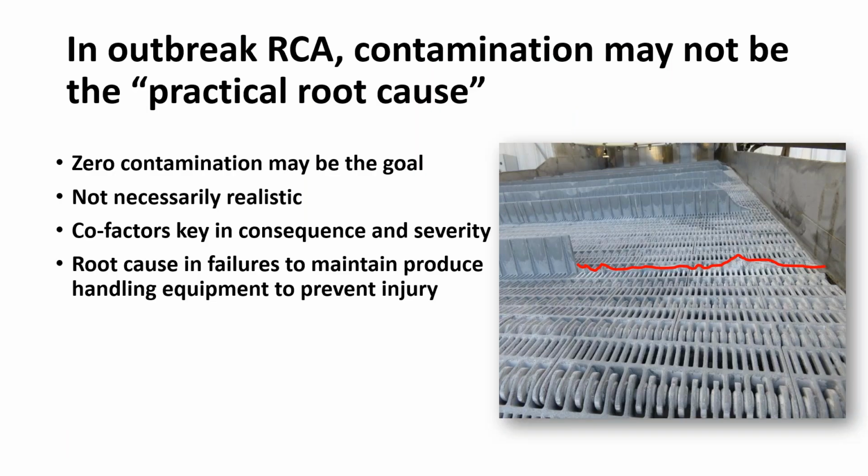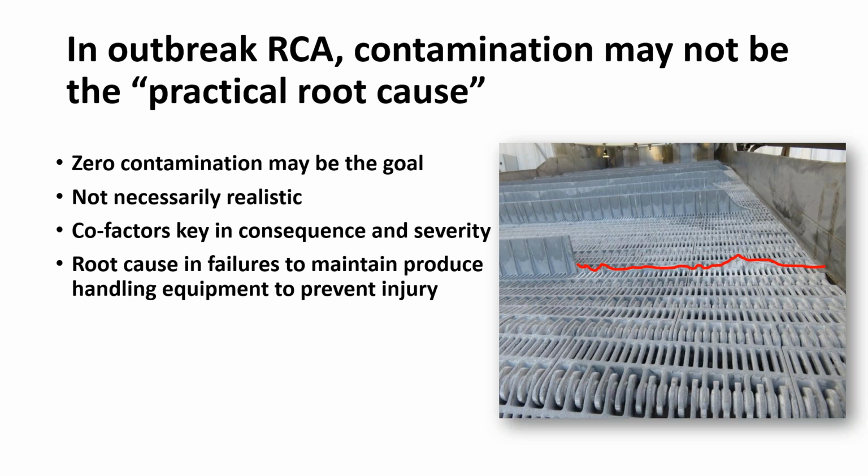And then here's another one. I wanted to make a point that, in outbreak root cause analysis for produce, contamination may not really be the practical root cause of what happened. Obviously, zero contamination from foodborne pathogens may be the goal, but not necessarily realistic. And it's really the cofactors that were key in terms of the consequence and the severity.